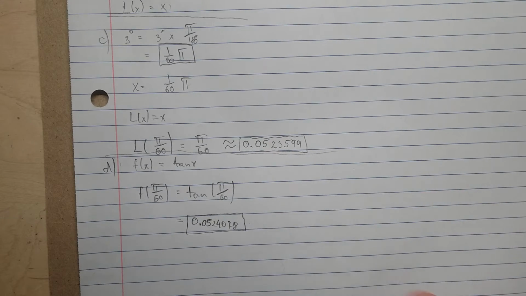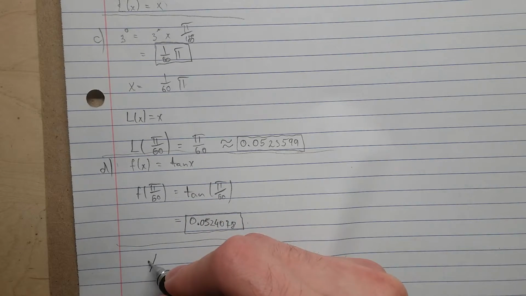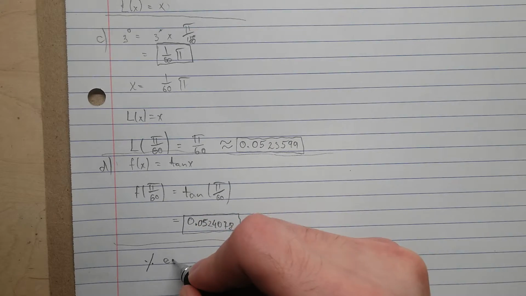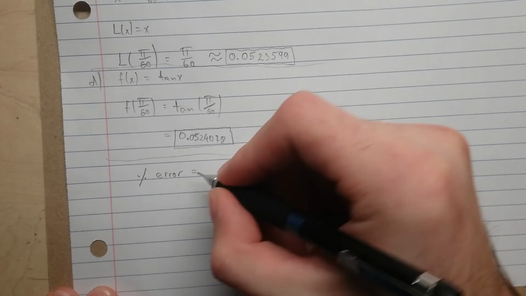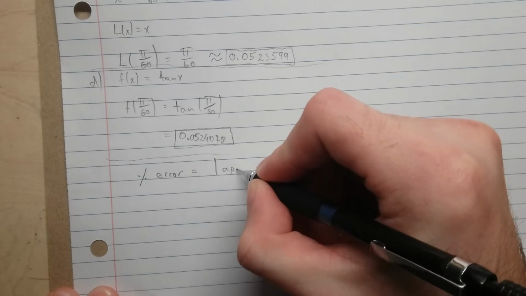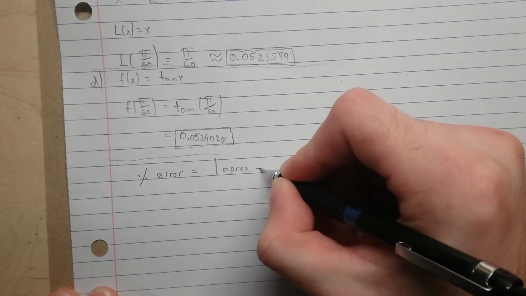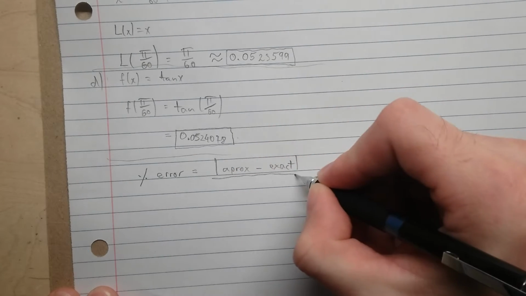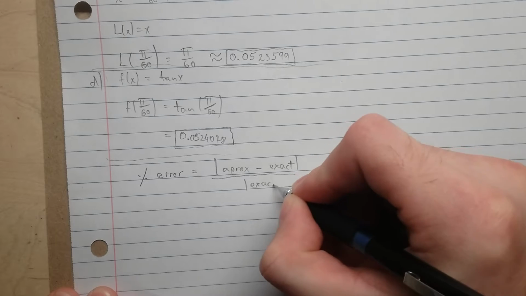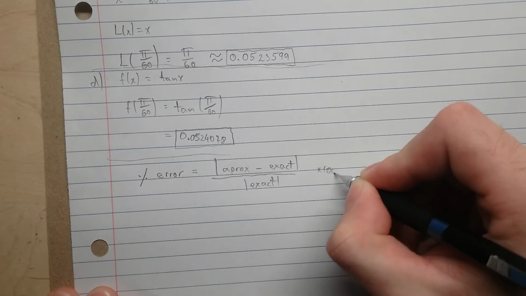So how do we compute the error? The percent error is equal to the absolute value of the approximated value minus the exact value, divided by the exact value, times 100.